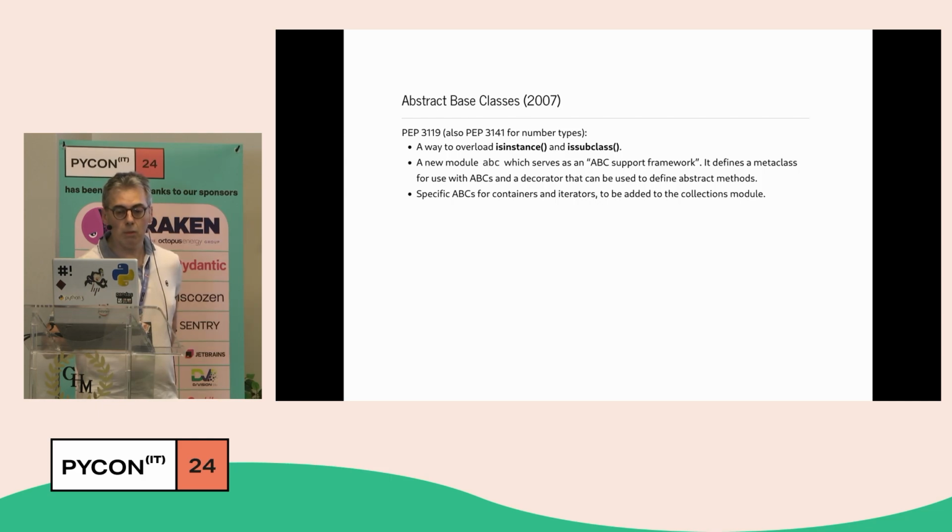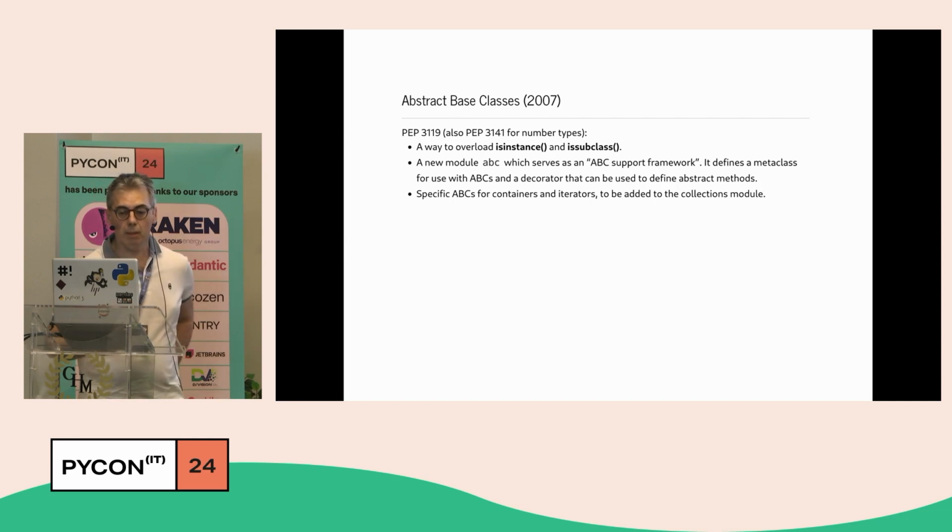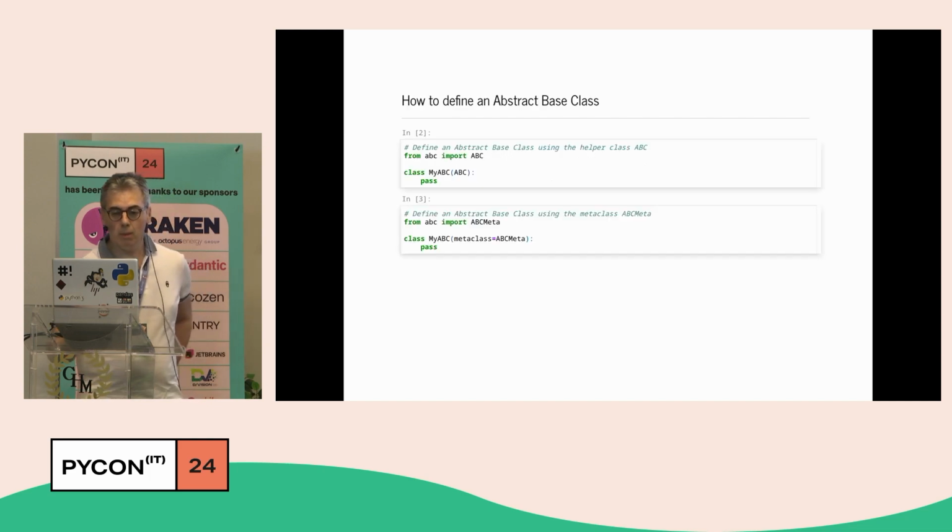A new module that supports a framework for defining metaclasses and ABCs, and a decorator for defining abstract methods in a more strict way. There are many ABCs for containers and iterators in the collections.abc module.